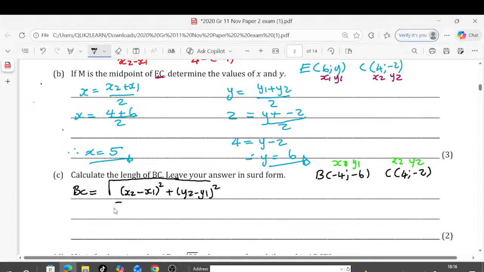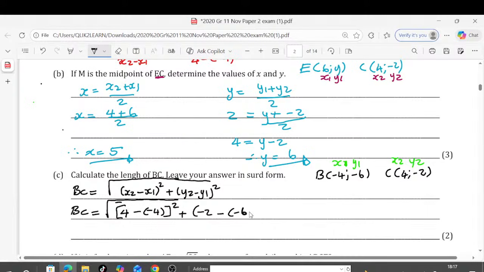We can do the substitution now. We're going to have the root of X2, we know it's 4, minus, inside the bracket, X1, which is negative 4, and this should be squared. Please make sure that you get that right. Now, Y2 is -2, and then we subtract Y1, which is also negative.